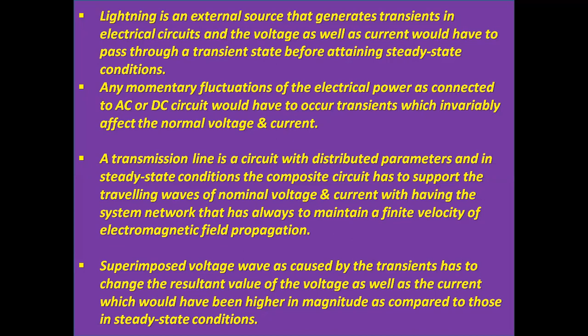A transmission line is a circuit with distributed parameters, and in steady state conditions, the composite circuit has to support the traveling waves of nominal voltage and current, with the system network always maintaining a finite velocity of electromagnetic field propagation.